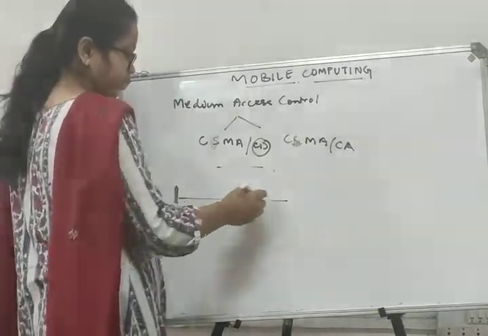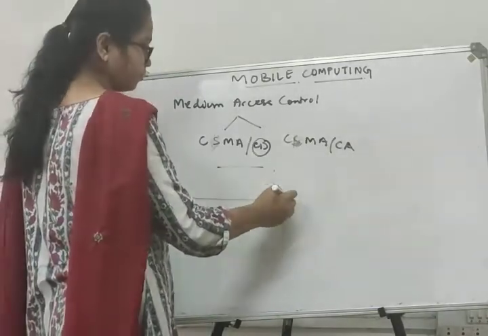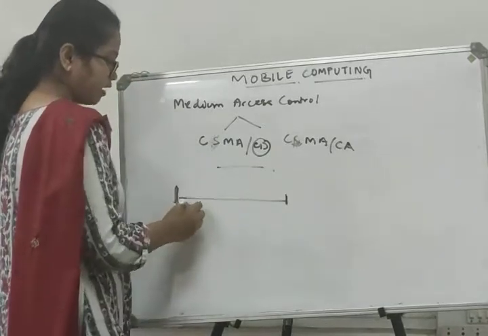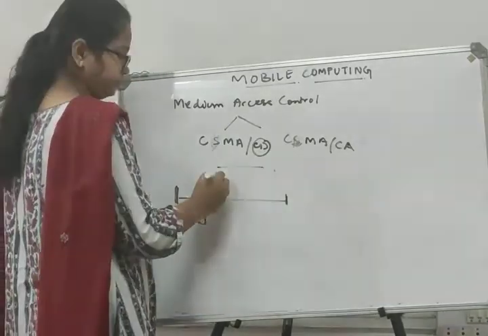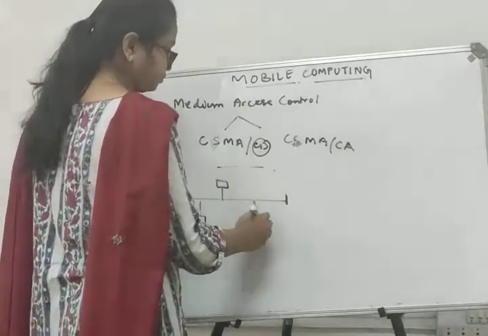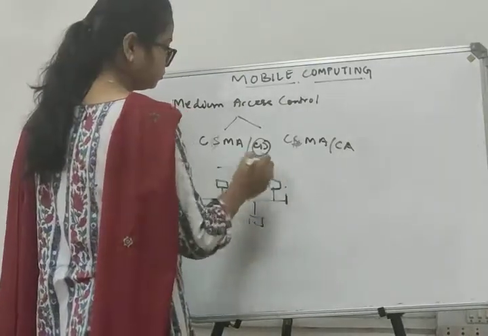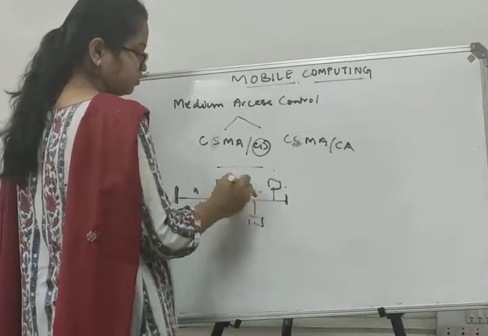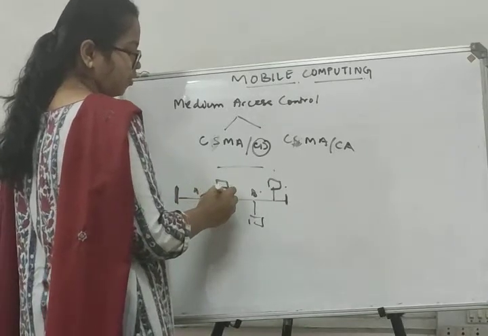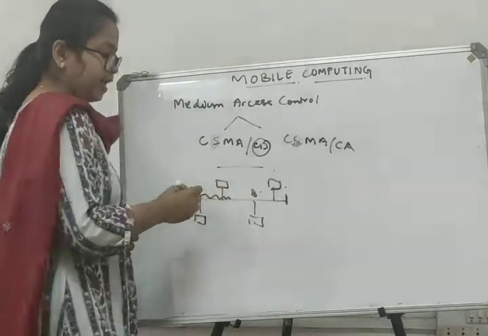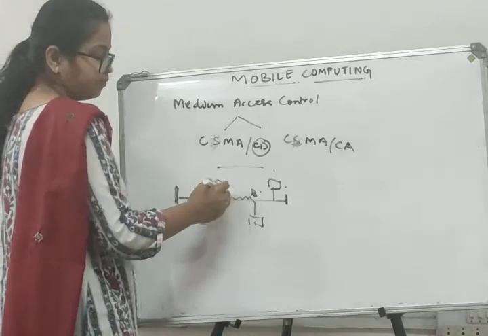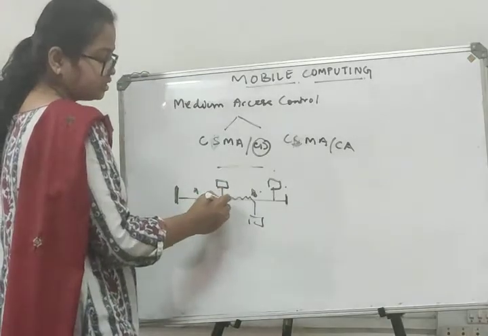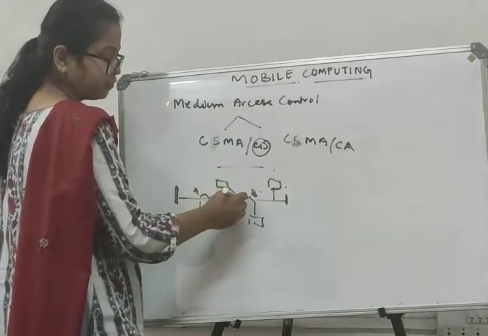Suppose this is the medium, and we have various stations connected. Now suppose station A wants to send to station B. Now it may so happen that while transmitting, station C may also want to send data.